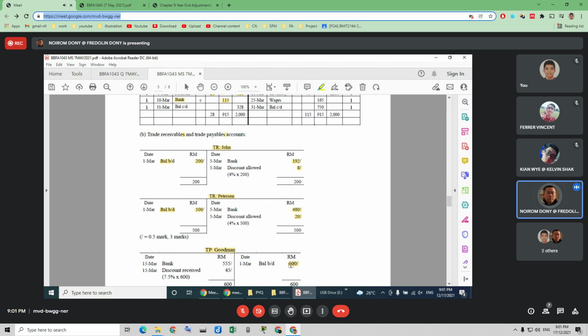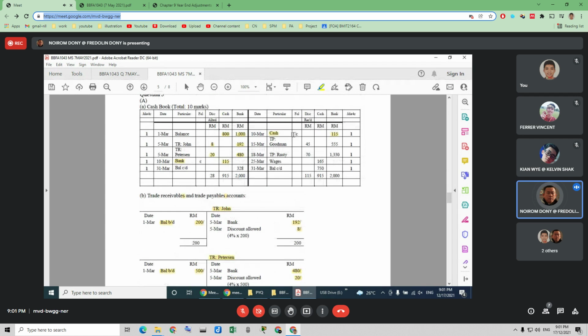So the check amount being paid is 555. So you need to record in the prime entry, the cash book, in the bank column, 555. And then the other 45 is in the discount received column.